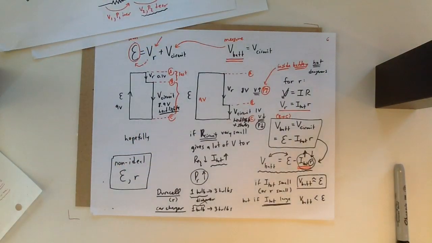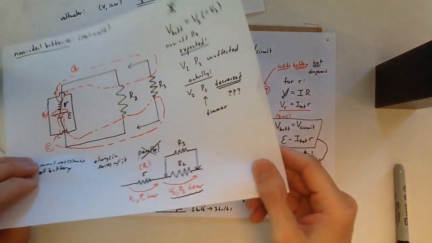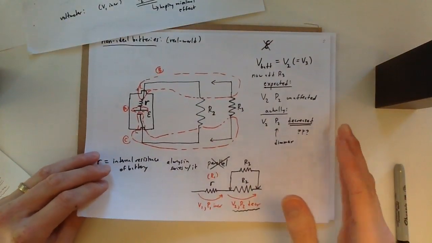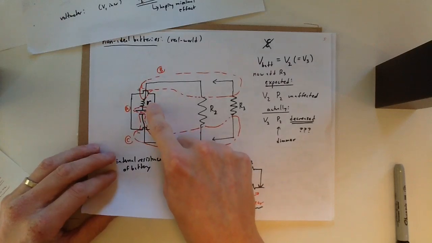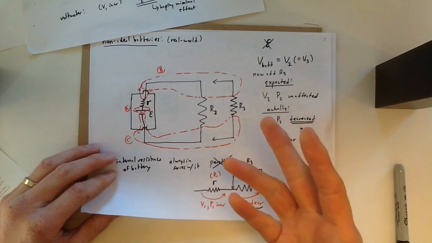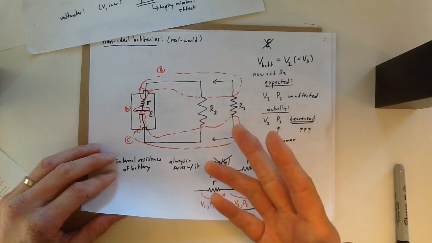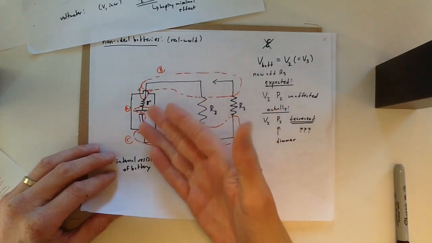So as far as how to calculate with this, aside from this concept, there's not really a whole lot that you need to do. Just understand that you're adding a new resistance in series with the rest of your circuit, and then you just calculate exactly how you would. Just remember that that resistor that's in series with everything is actually inside the battery.